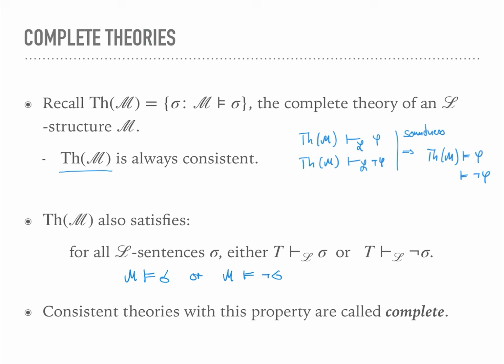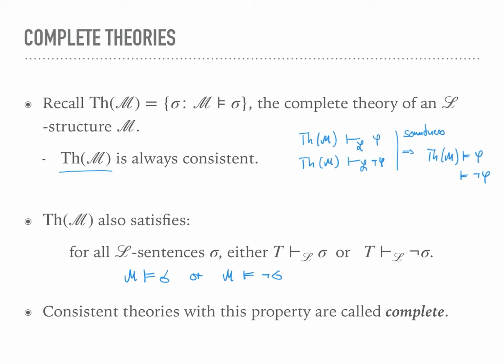So that means the complete theory of a structure already contains for every sentence sigma either sigma or not sigma, right? And since it already contains one of the two, it particularly means it proves one of the two.